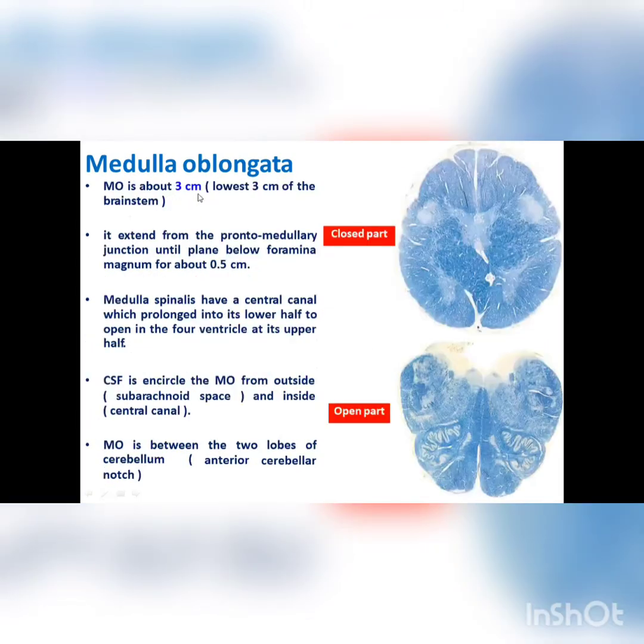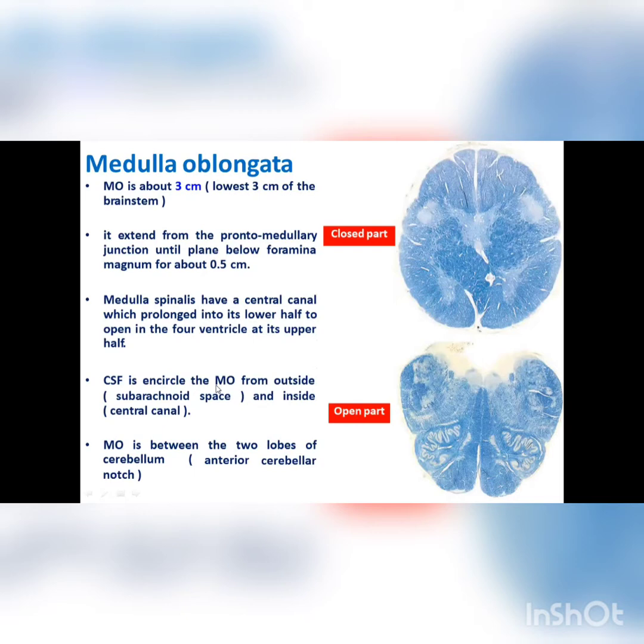Medulla oblongata is about 3 centimeters, the lowest 3 centimeters of the brainstem. It extends from the pontomedullary junction until a plane below the foramen magnum, for about 0.5 centimeters. The medulla spinalis has a central canal which is prolonged into the lower half to open into the fourth ventricle as its upper half.